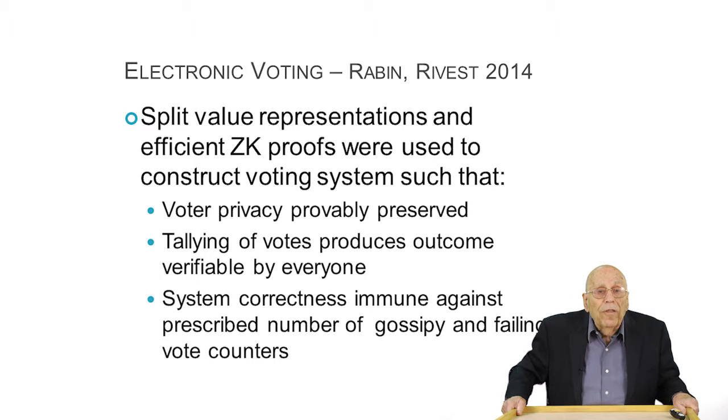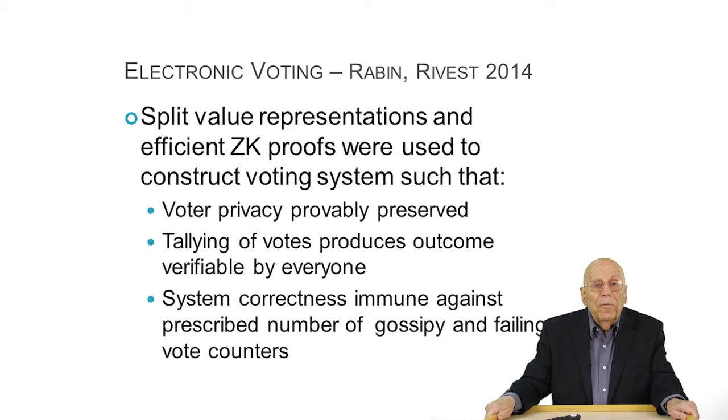The tallying of the vote produces an outcome verifiable by everyone, so that if the bottom line is that Al Gore won the election, then that can be actually proved in a completely convincing way without revealing any private values of votes.